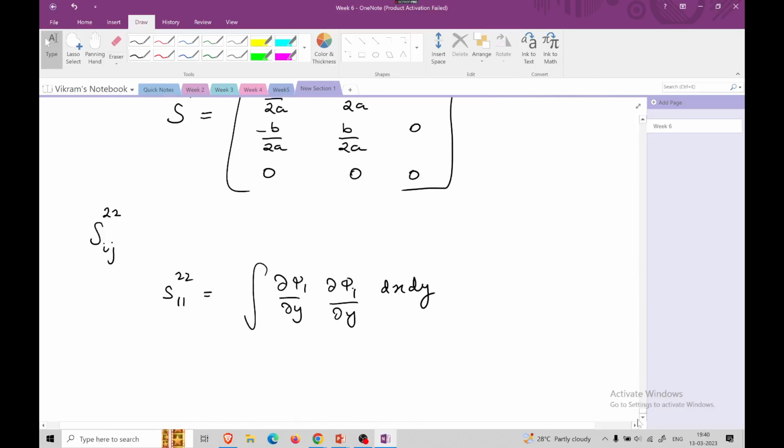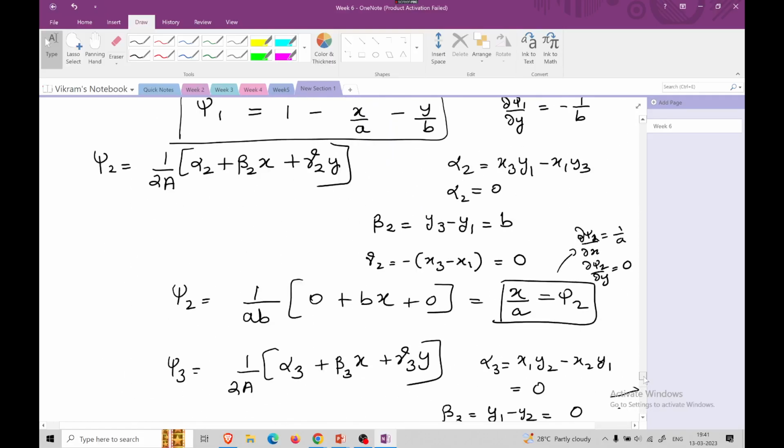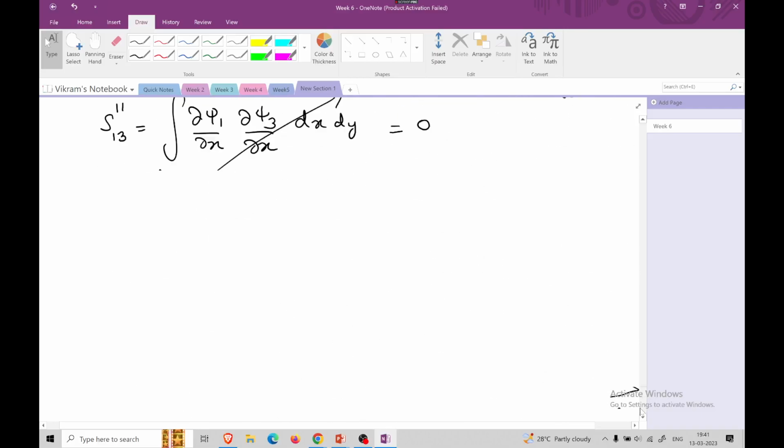Is 0. So both are 0. So any term involving psi 1 will be 0, because dou psi 1 by dou y is always 0, right? Oh sorry, it is dou minus 1 by b, so I made a mistake, sorry.